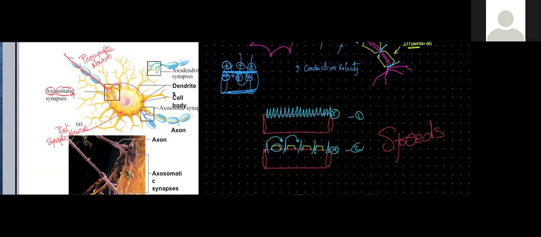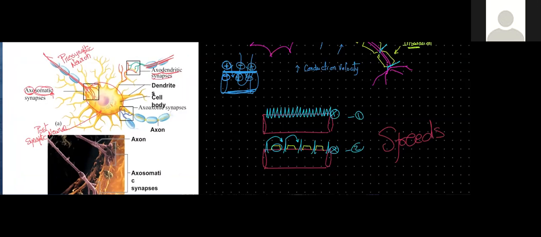If I'm connecting an axon of a nerve cell to the dendrites of another nerve cell, we call this an axodendritic synapse. What if you're connecting an axon to the axon hillock of another nerve cell? We call this a connection between two axons, so we're going to call it an axoaxonic synapse.